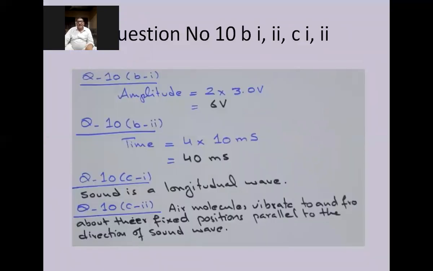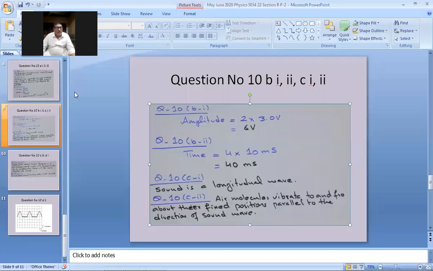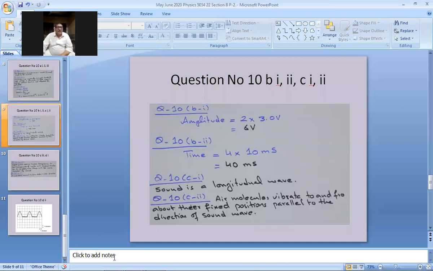Sound is a longitudinal wave, and the air molecules vibrate to and fro about their fixed position, or you can say about their mean position, and they vibrate parallel to the direction of the sound. So when the molecules come close to each other, a compression will be formed, and when the molecules move away from each other, a rarefaction will be formed. So this is how the sound waves travel in the air.